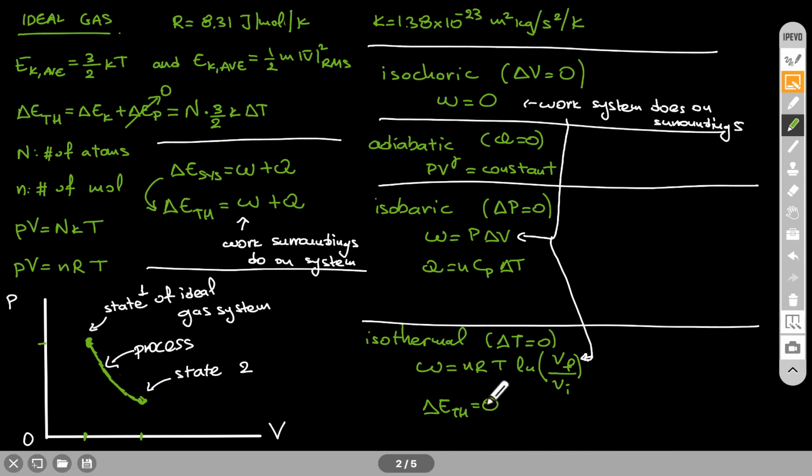I was dealing with an isothermal process, that's why I used this theory. If you're dealing with an isobaric process, you have to use this theory. At the same time, don't forget to use energy conservation as well. That's the only difference between different processes of an ideal gas.